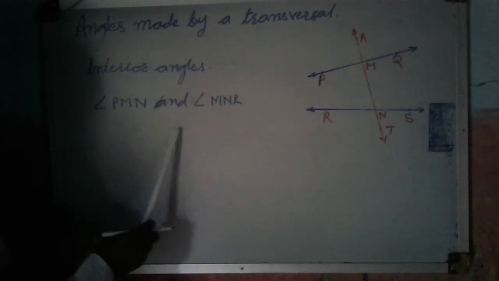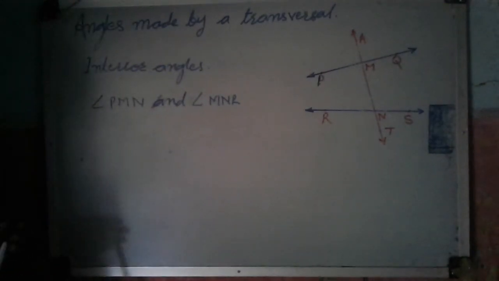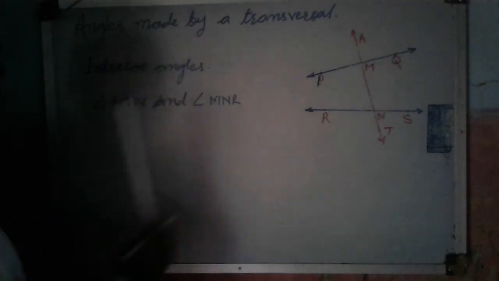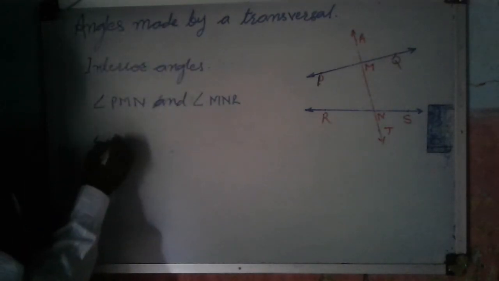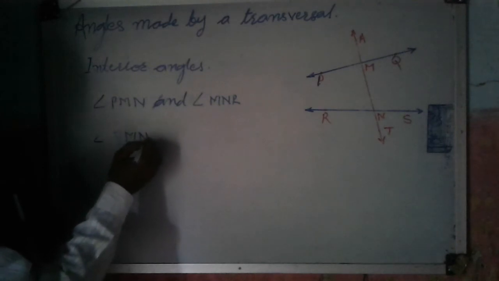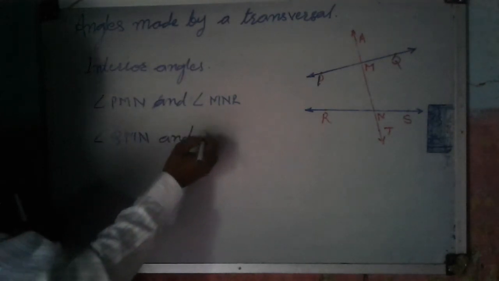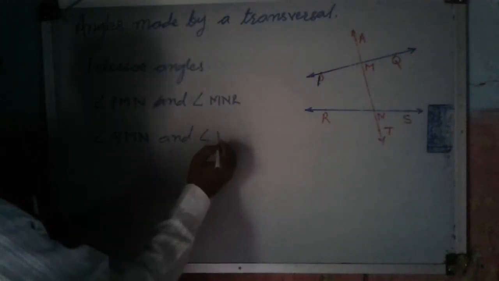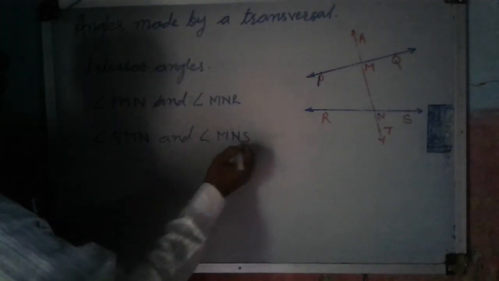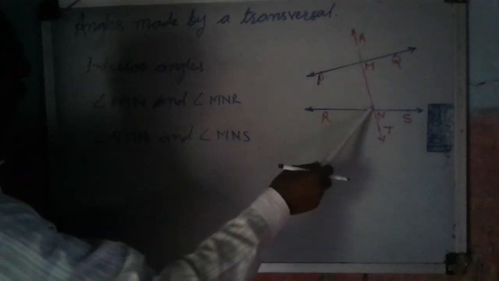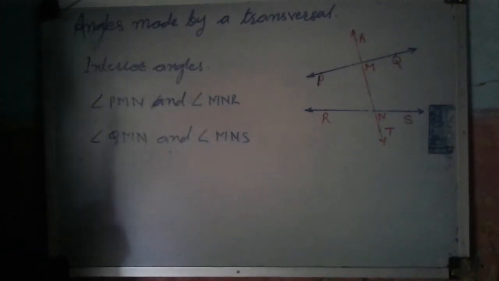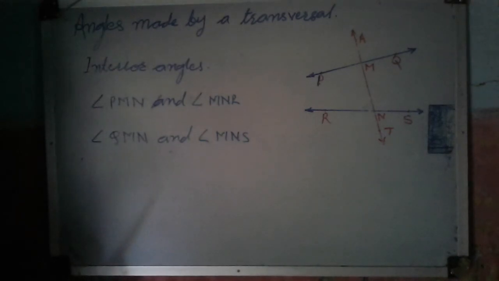Then here we can find another pair on the other side of the transversal, that means angle QMN and angle MNS. QMN and MNS, these two angles. That means we have only two pairs of interior angles.